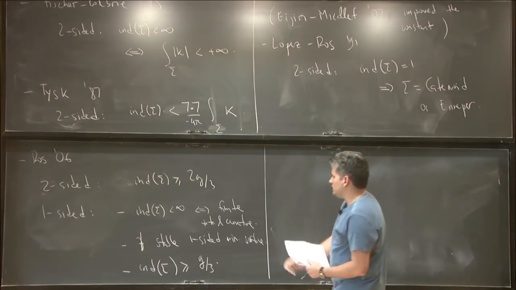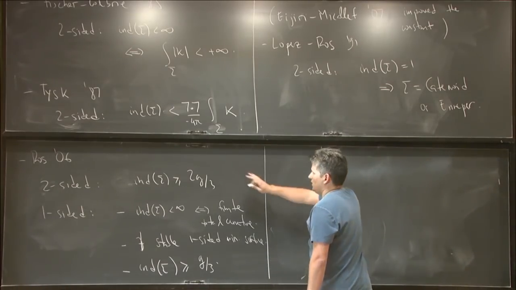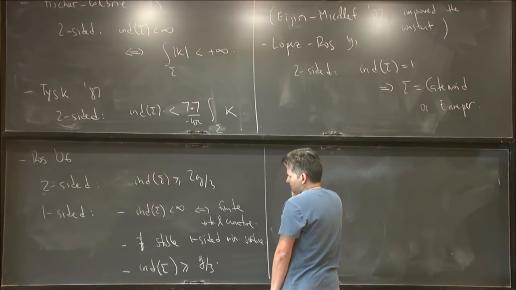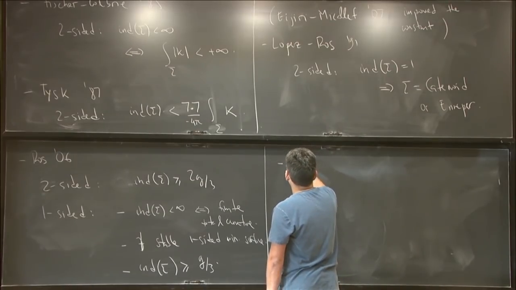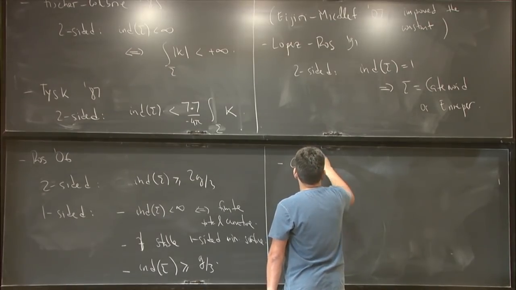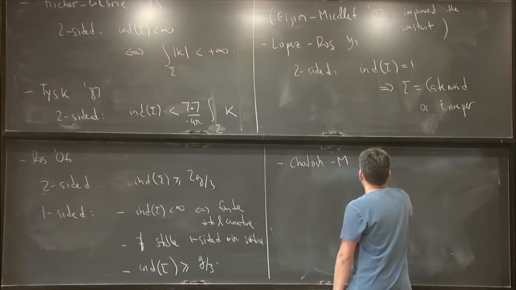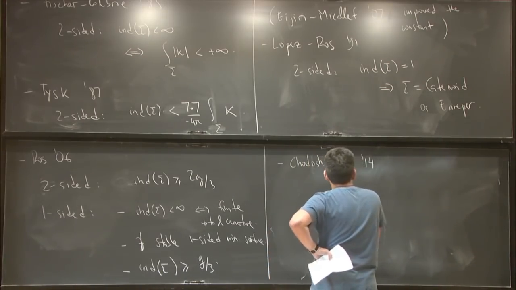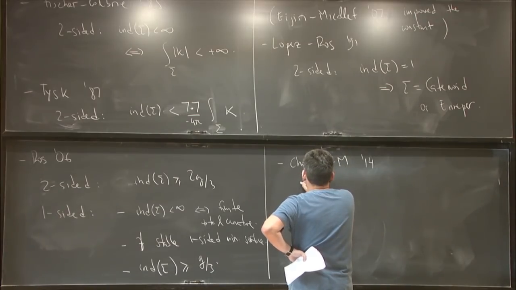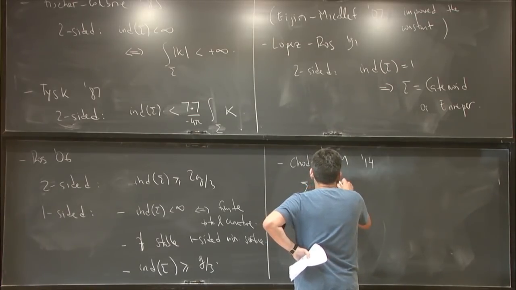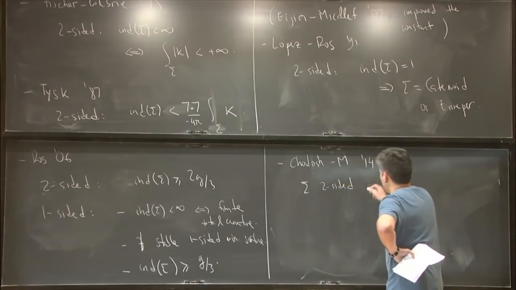All right, and then after this paper, we were able to show the following result a few years back. If we have a sigma, again two-sided, it doesn't have to be embedded.